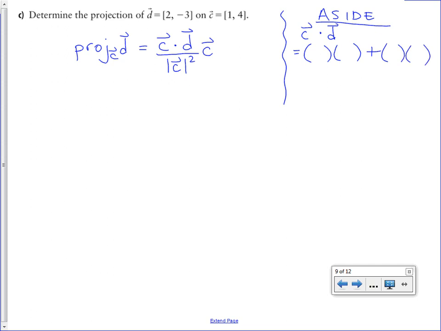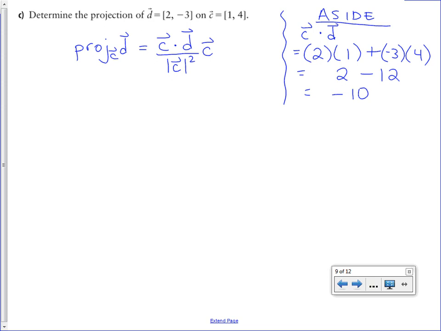So first coordinate times first coordinate plus second coordinate times second coordinate. What's the magic number here? 2 minus 12 is negative 10.